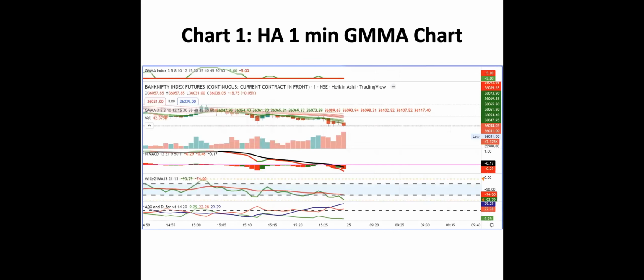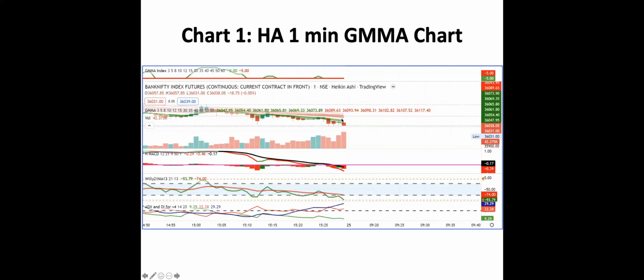Right, now moving on to how the chart will look. This is just to show you over here, but I'll go into the chart also to indicate. In the 1-minute Heikin-Ashi GMMA chart, at the top we are keeping GMMA GI. Then in the body part we are using GMMA.